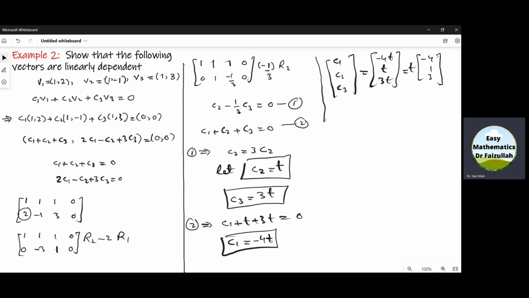So we can see that the values of C1, C2 and C3 are non-zeros. So one solution of this system is C1 equal to -4, C2 equal to 1, C3 equal to 3. But this system has an infinite number of solutions. So this implies that the vectors v1, v2, and v3 are linearly dependent. That's all.